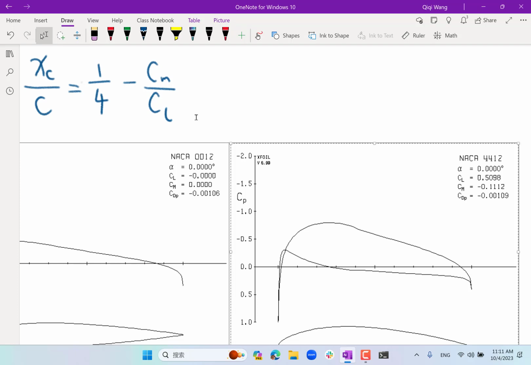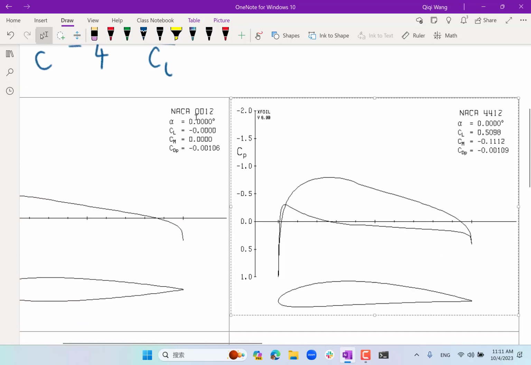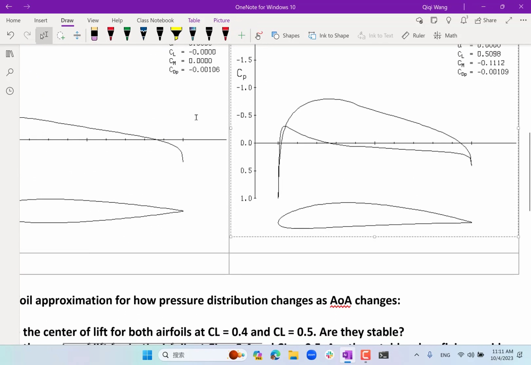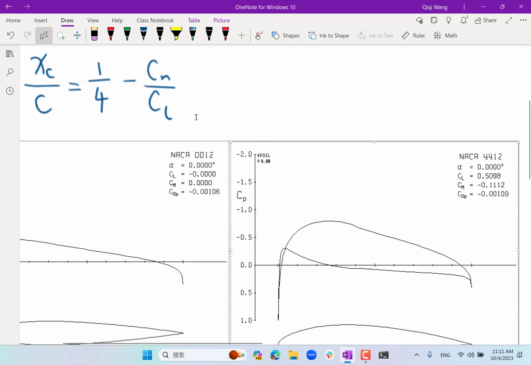Yeah, I'm asking you the center of lift at a different angle of attack from what I'm showing over here, right? So what is going to be the CM and CL at that different angle of attack? Specifically, I said at a lift coefficient of 0.4 and 0.5, right? So that should give me two different centers of lift.